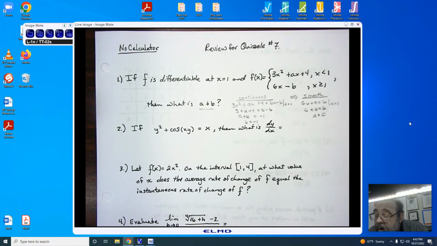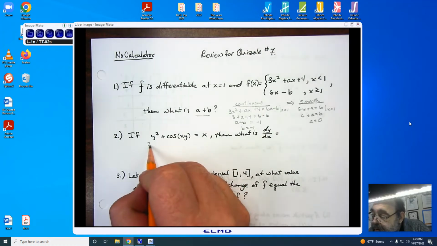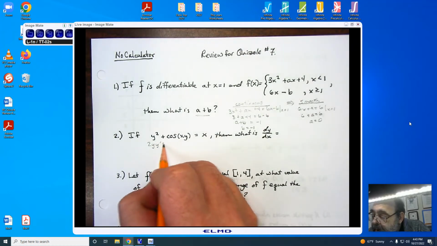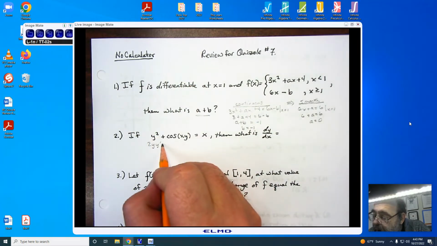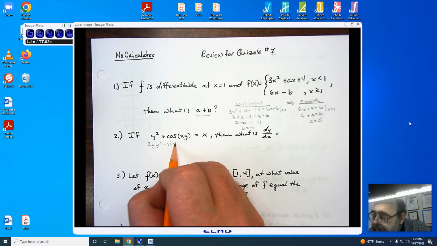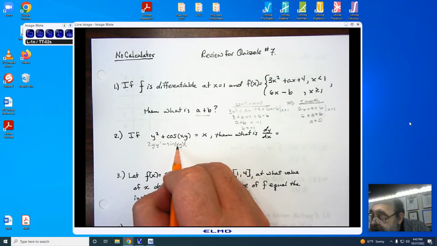Number 2 is working with the implicit differentiation. So I'm looking at 2y, y prime. The cosine is going to give me a negative sine of x times y. But we have to then multiply following the chain rule with the derivative of the inside piece.